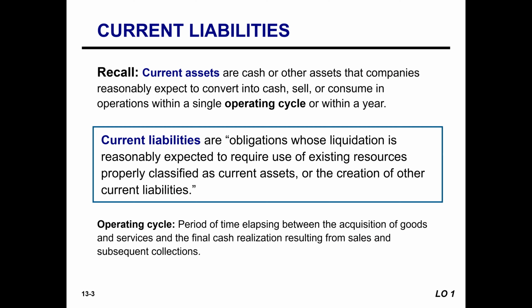So some of our current assets that we've discussed before: cash, accounts receivable, prepaid expenses, supplies, prepaid insurance, right? Different things like that. Current assets we expect to be used up or converted to cash within a year or operating cycle. Same thing with current liabilities. We expect these obligations to be paid off or satisfied within 12 months or the operating cycle, right?